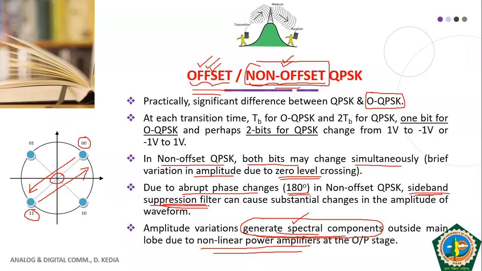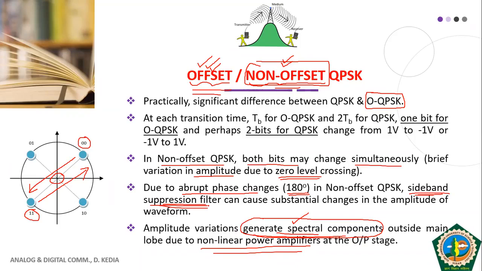If you remember in BPSK, when we saw the power spectral density of the BPSK signal, I told you that the side lobes have very low level, so we could use a filter to remove those side lobes and concentrate only on the main lobe, so that we could control the bandwidth required for transmission of the BPSK signal. Because of this abrupt variation, we may have some additional components, because of which the bandwidth requirement for the QPSK signal will increase.